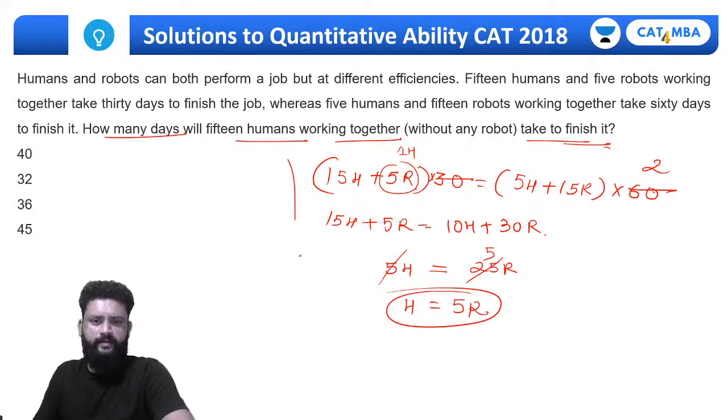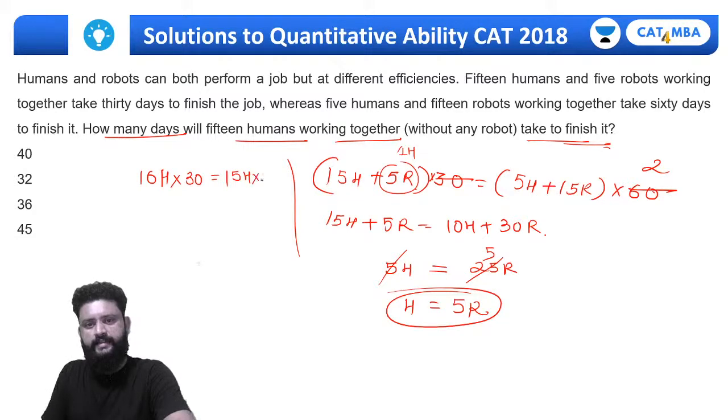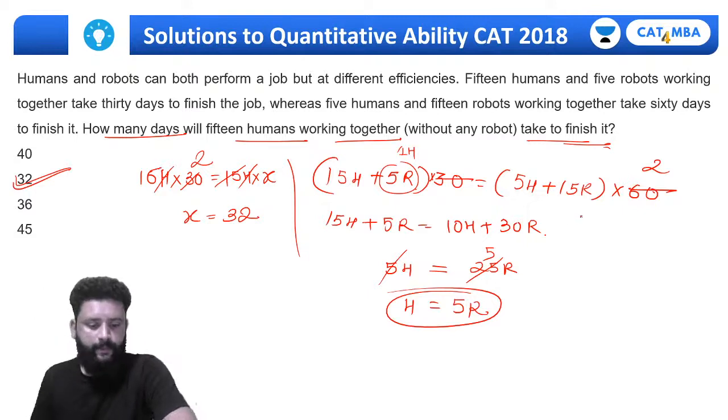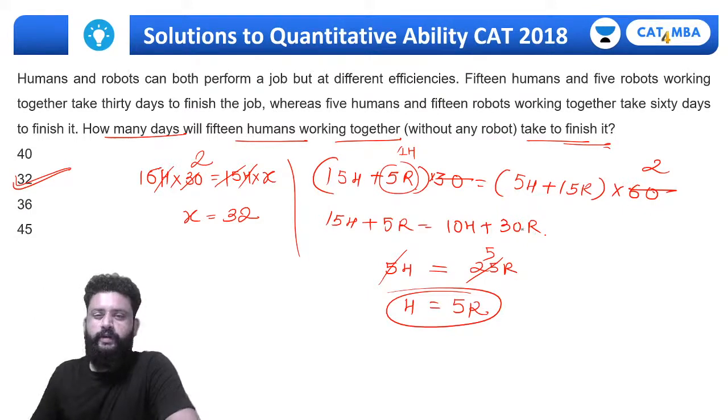So I can say 16 human can complete it in 30 days, and I want you to calculate 15 human. Let's say they'll take X days to complete this, so simply H gets cancelled. 15 twos are, this is the easiest calculation you can have. X has 32 days, that is answer option B. As simple as that.